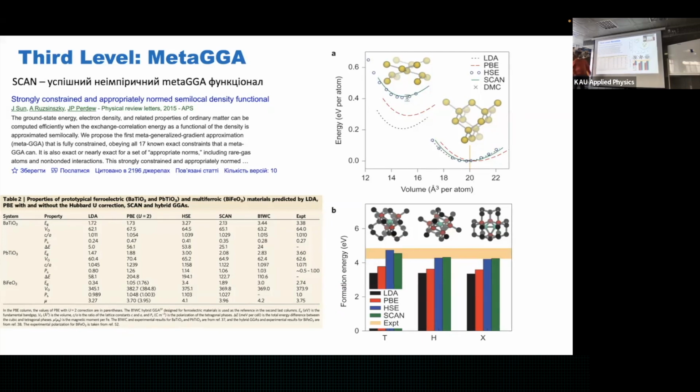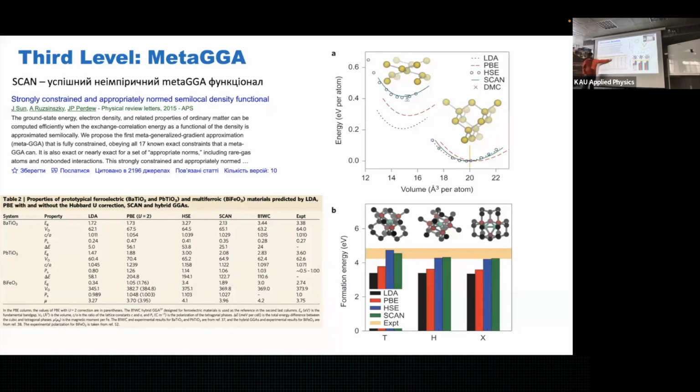BaTiO3 is a very popular material for solar cells. LDA 1.72, PBE 1.73, experimental 3.38, SCAN 2.13. So it's not exact, but it's better than PBE and LDA.